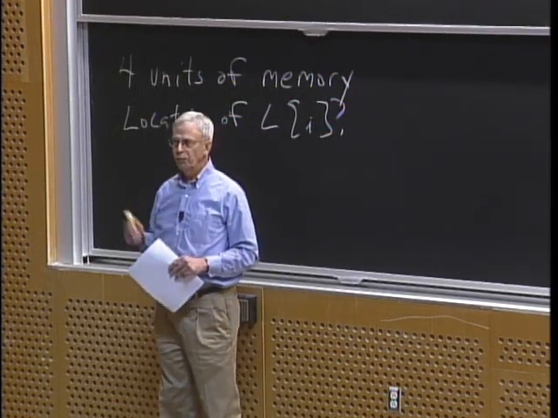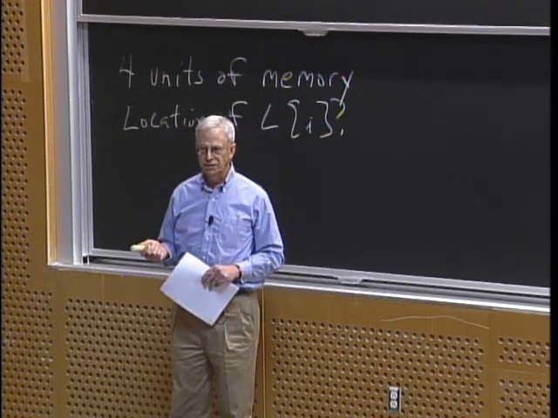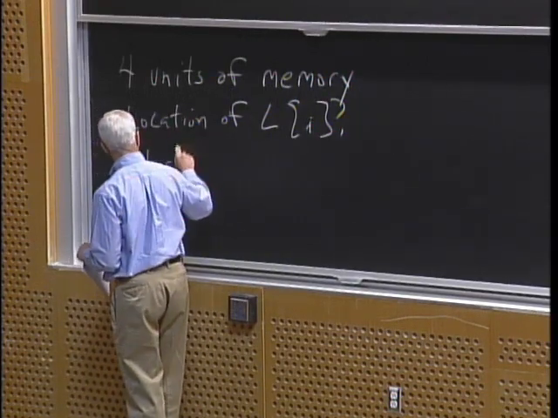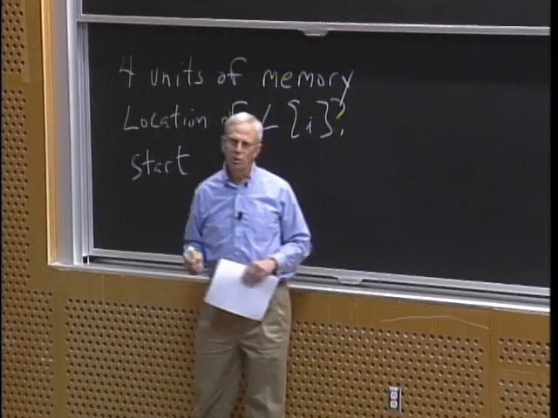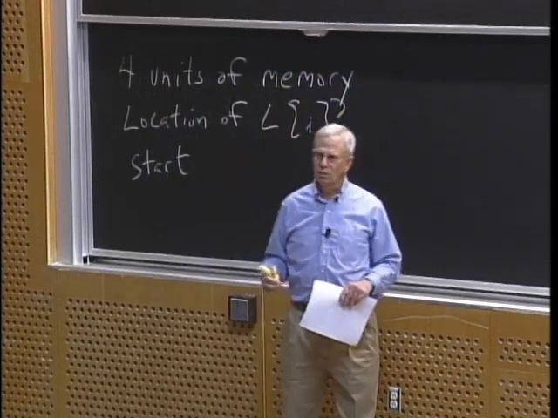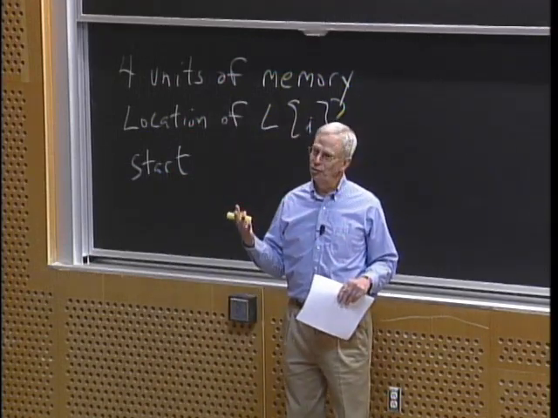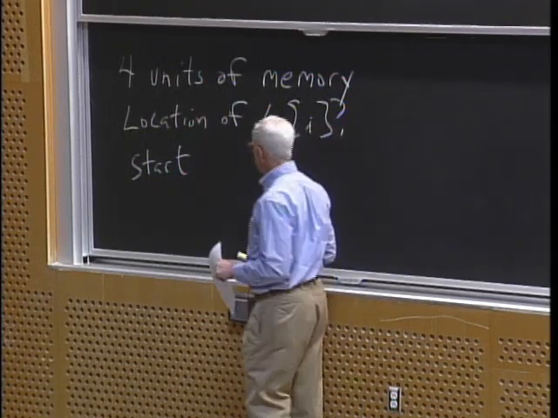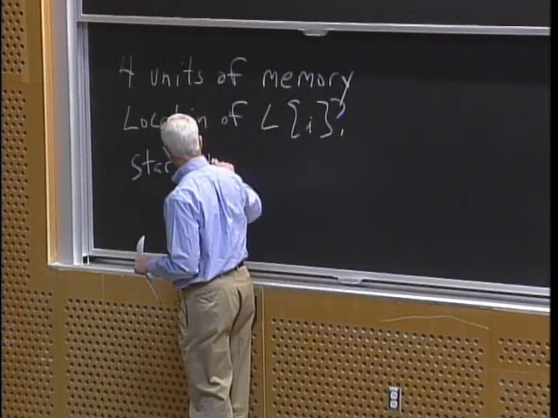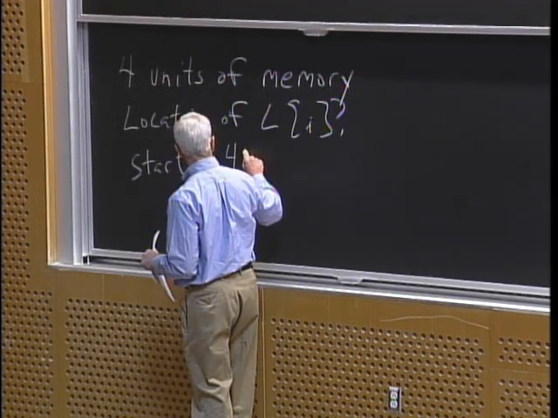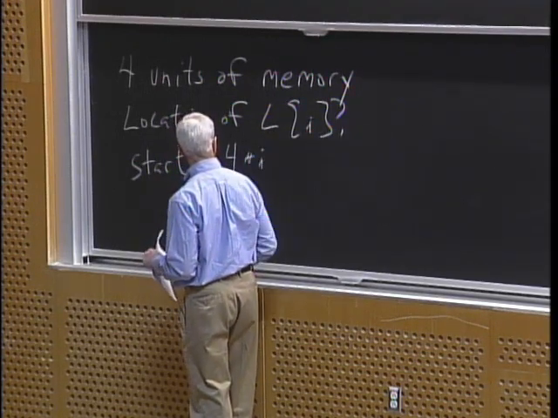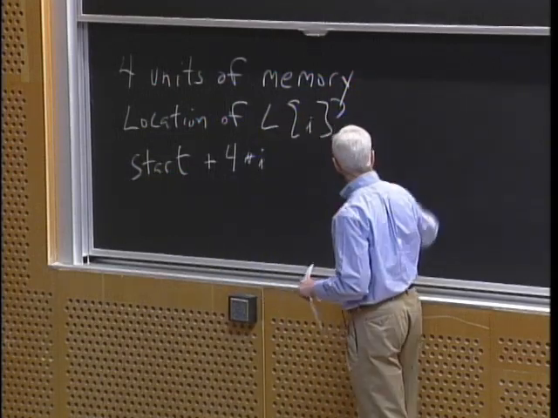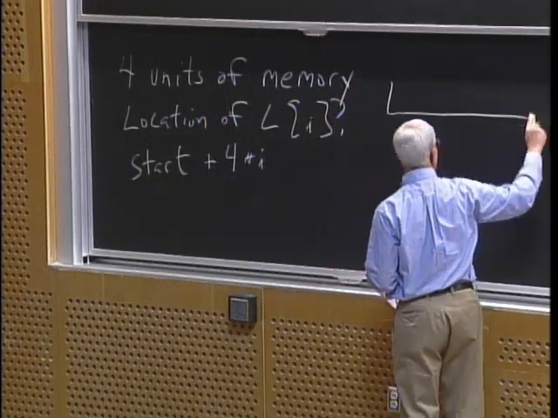Well, if we know the location of the start of the list, and certainly we can know that because our identifier, say L in this case, will point to the start of the list, then it's simply going to be the start plus 4 times I. My list looks like this.